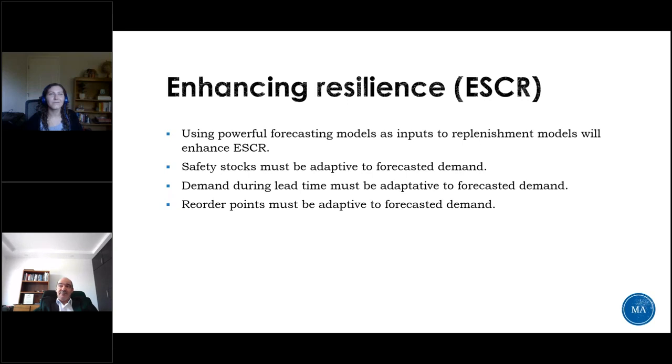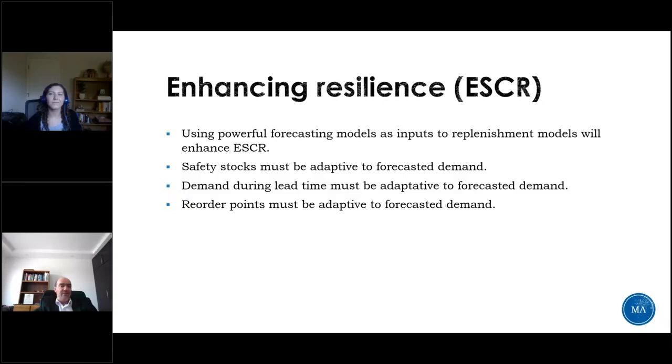Then, enhancing resilience again. Using powerful forecasting models is the first step. They must be inputs to our replenishment models. That means stop using only the historical data. Use your forecasted data. Safety stocks must adapt to the forecasted demand.